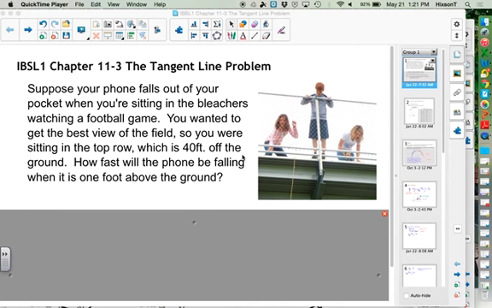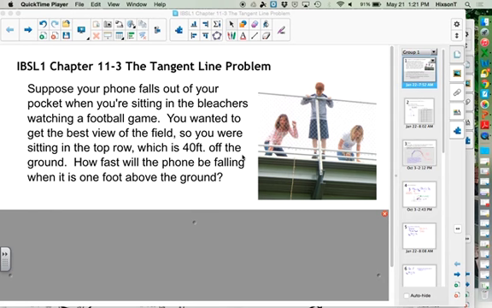Alright, so here's the thing. Notice, we don't care when, or what the height is. What we're looking for here is a speed. How fast is it going? And notice, I stopped it at 1 foot off the ground.